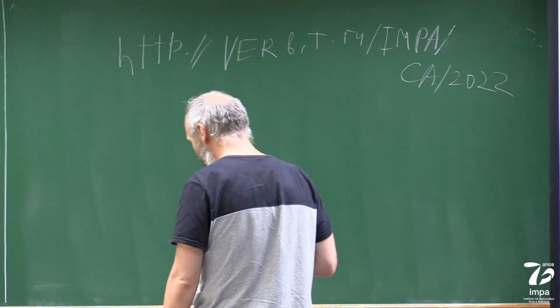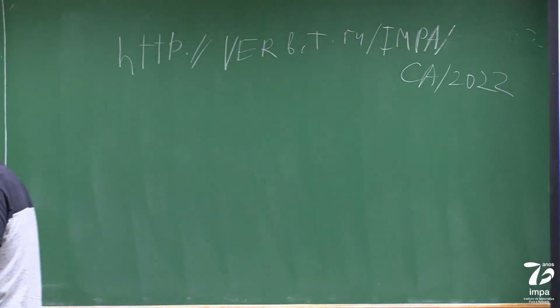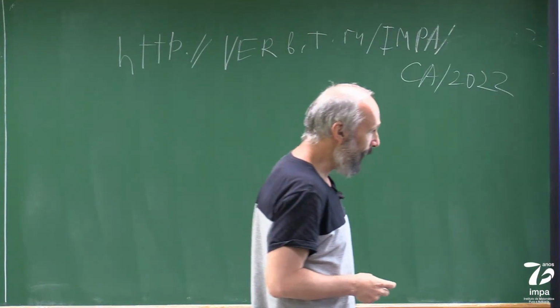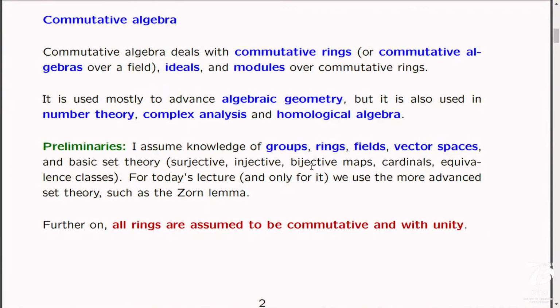Also, at some point, I will use basic set theory, but only in the first lecture. I will use Zorn's lemma. And all rings are commutative and with unity. This is an assumption which is taken every time.